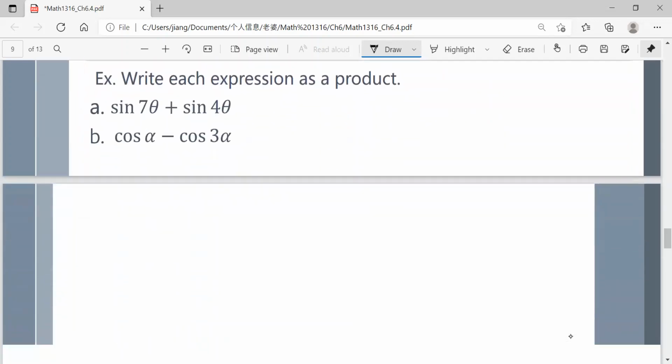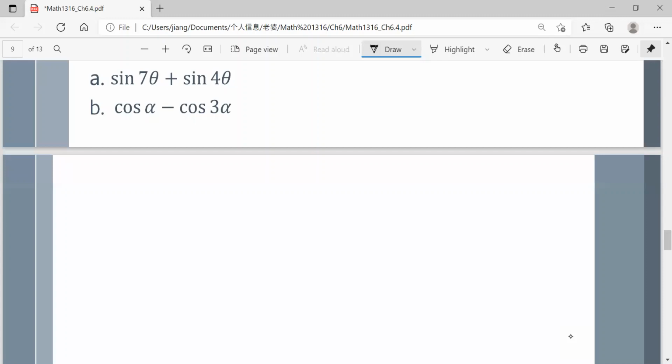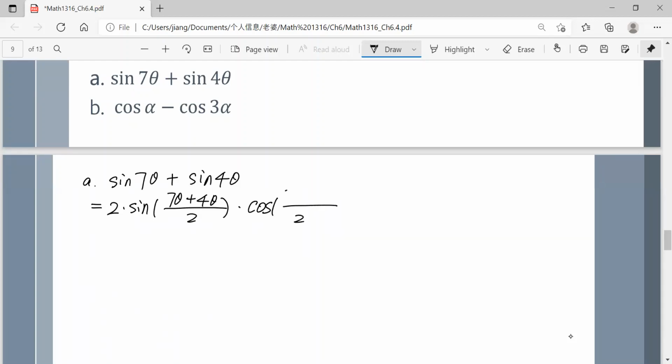Okay, let's continue. Let's solve the first one, number A. This is sine 7 theta plus sine 4 theta, and this one is 2 times sine of 7 theta plus 4 theta over 2, and then times cosine of 7 theta minus 4 theta over 2.